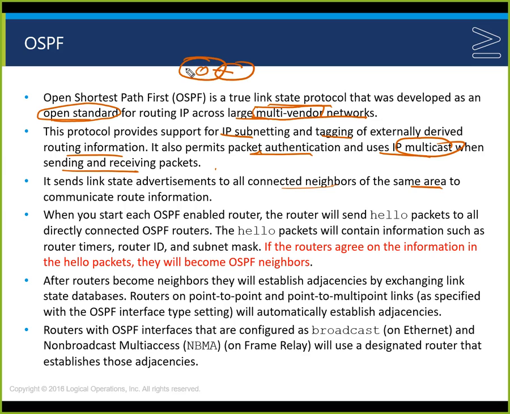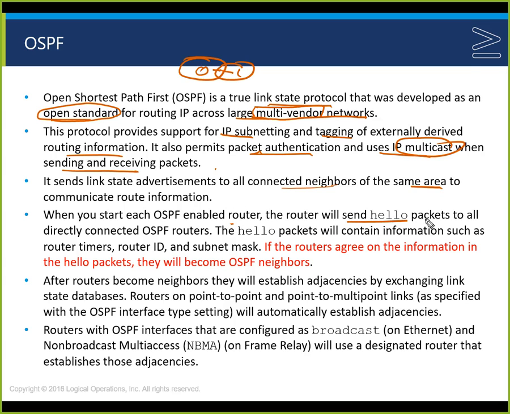Routers in area 0 share information with the routers in area 0, area 1 share information in area 1, and then we have an area border router here that sticks its toes into both areas, and it gets the routes and sends them across the borders for them.